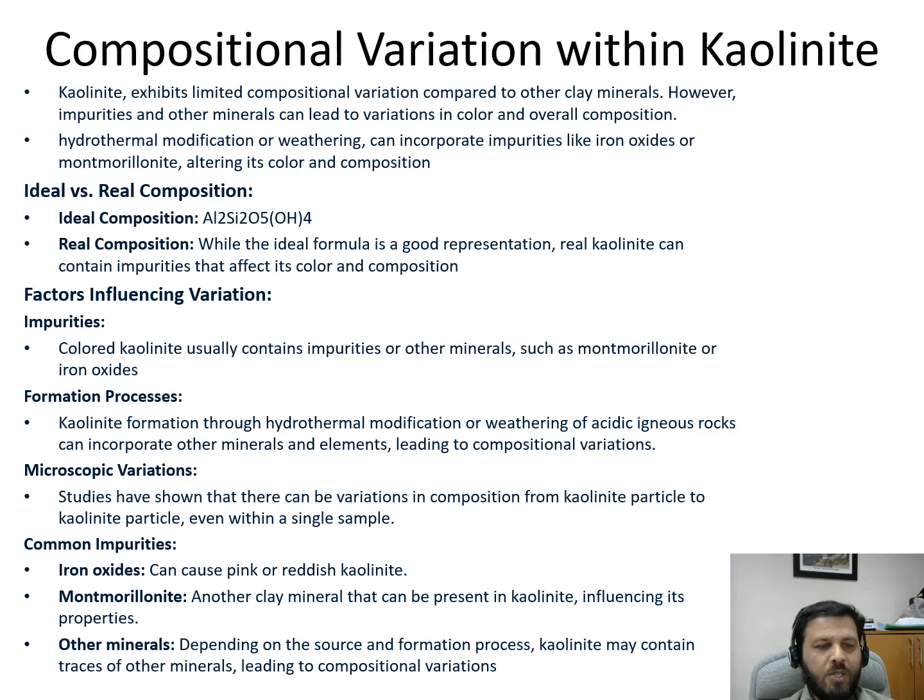Microscopic studies have shown that there can be variations in composition from kaolinite particle to kaolinite particle, even within a single sample sometimes. The most common impurities in kaolinite can be iron oxides and montmorillonite clays, and depending on the source of formation and the processes, it may contain traces of other minerals as well.